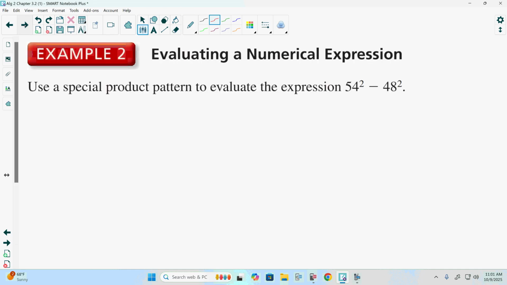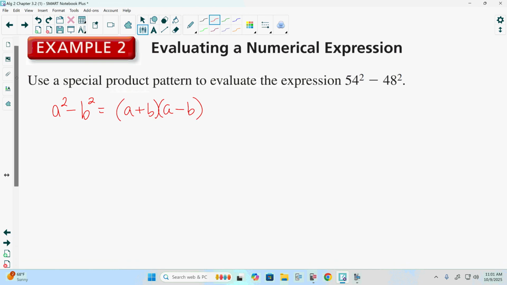Let's look at this here. So using the difference of perfect square formula, we want to evaluate the given expression. So use the special product pattern to evaluate this here. Well, we know that a squared minus b squared, because that's what they're talking about, is our special product pattern. Factors to a plus b times a minus b.